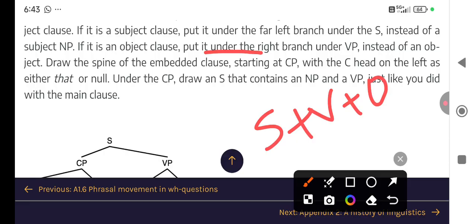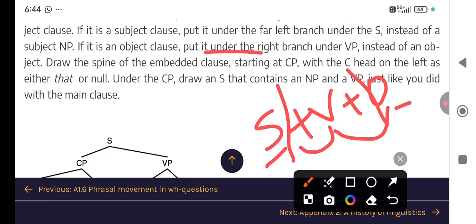So if it is the subject clause, it will be placed in the subject, and if it is an object clause it will be placed, meaning left hand side and right hand side. This is left hand side and this is right hand side, so you can understand this way also.